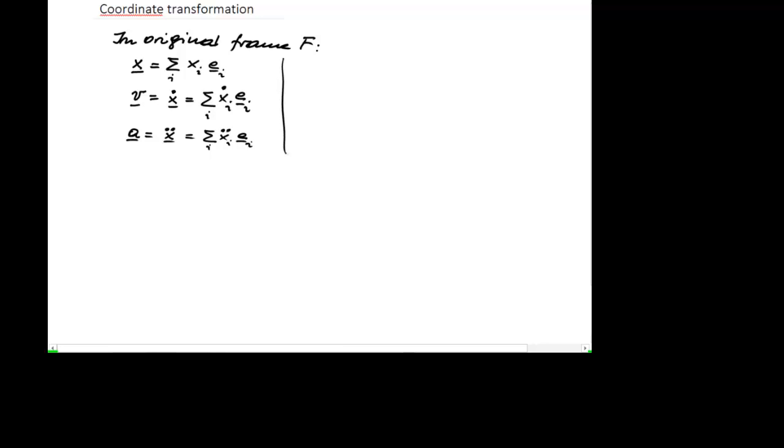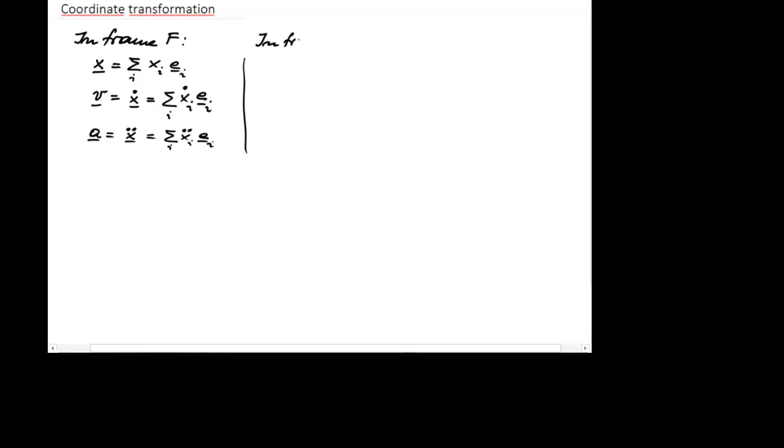Now let's go to the frame of my colleague. This colleague has frame F prime. There's a position vector x prime which is related to my position vector x by this shift d.